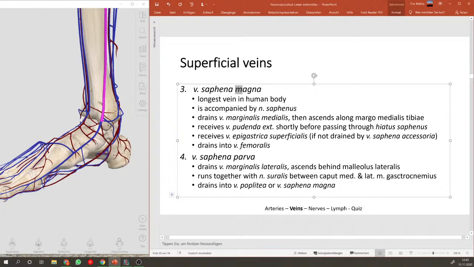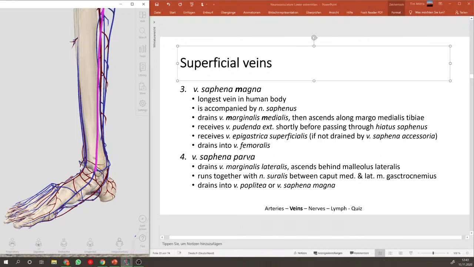Alright, now another association I want you to make is that it will be accompanied by the sural nerve, nervus suralis, while vena saphena parva will be accompanied by nervus suralis. Oh, sorry, maybe I just messed it up. So nervus saphenus. Vena saphena magna will be accompanied by nervus saphenus, and vena saphena parva, lesser saphenous vein, by the sural nerve, nervus suralis.